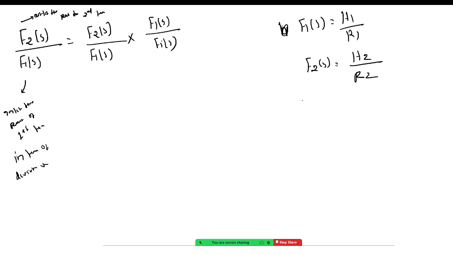Second thing is, what is your F2s divided by F1s? That is 1 upon tau 2s plus 1.